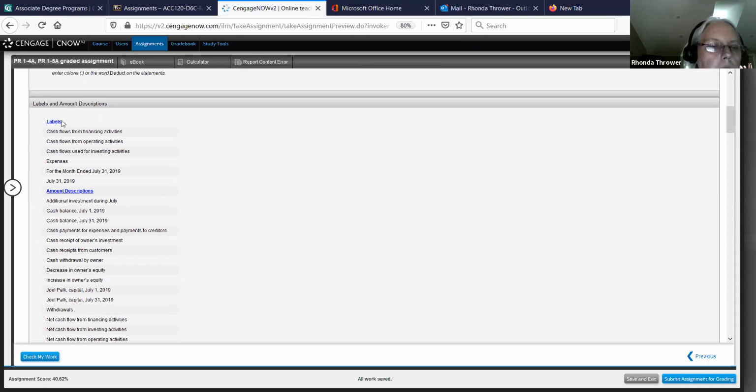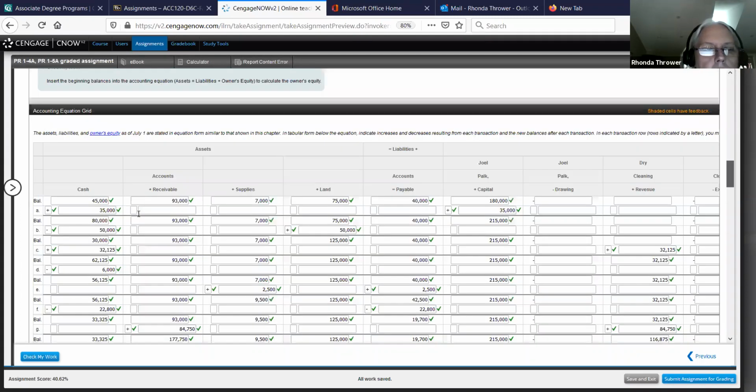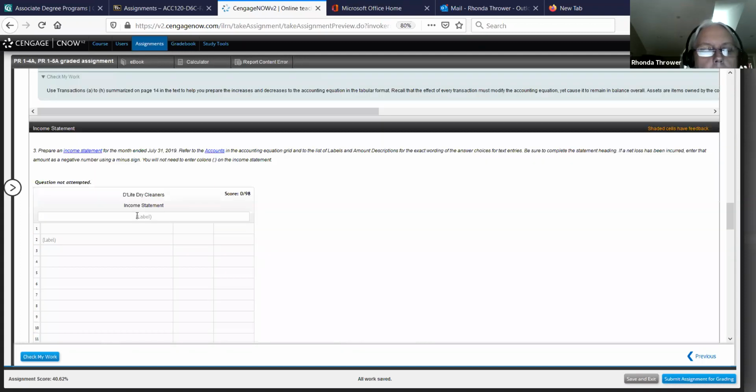On the income statement, we're going to be preparing it for the month ended July 31st, 2019. I would suggest that you copy and paste these into the boxes. If you don't copy and paste something exactly right, Cengage doesn't like it and it'll mark it wrong.